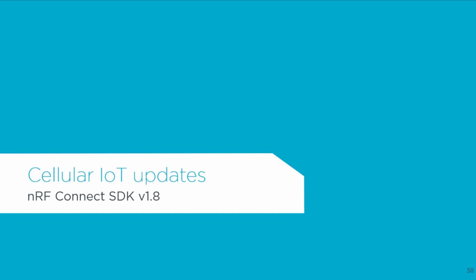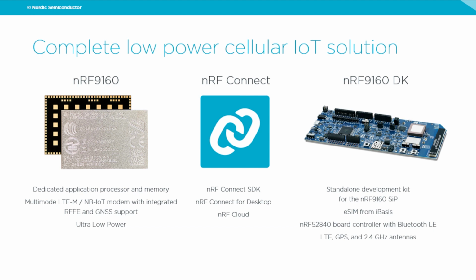Hi, and now it's time to look at the cellular IoT updates that we have in nRF Connect Software Development Kit version 1.8. First off, I just want to highlight the complete low-power cellular IoT solution that we, Nordic Semiconductor, provide. On the left-hand side, we can see the nRF9160 system in package, which has a dedicated application processor and a memory.